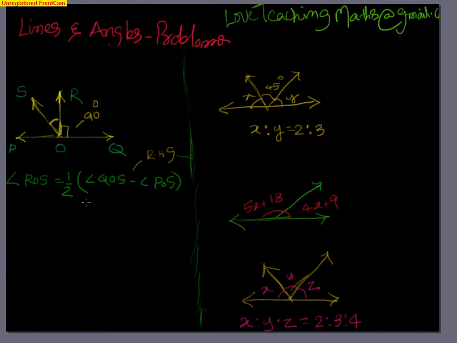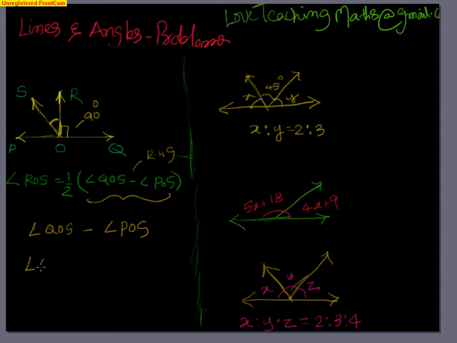So let me first take this expression. What is this? Angle QOS minus angle POS. Now can I write QOS as QOR plus ROS?